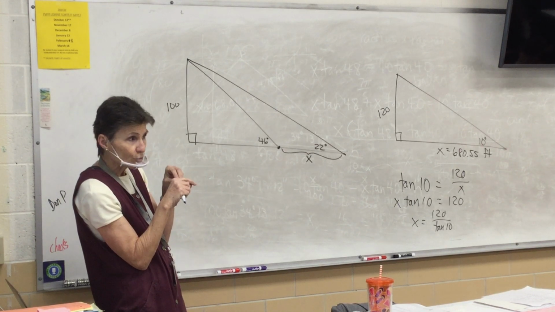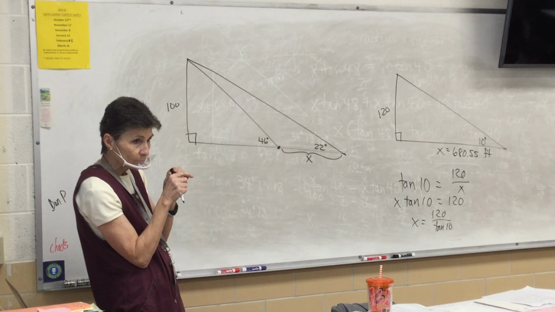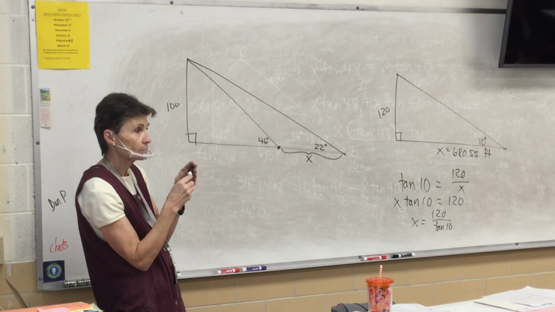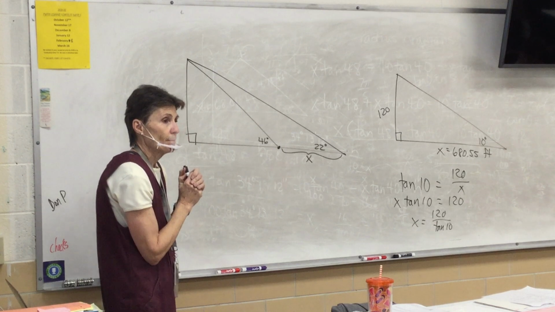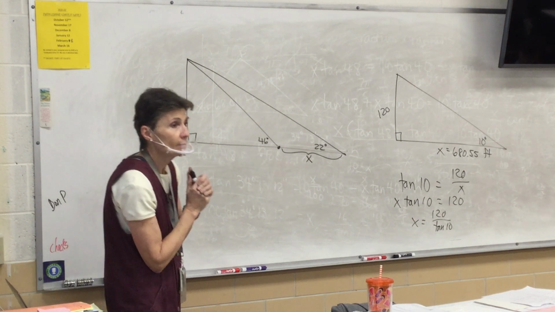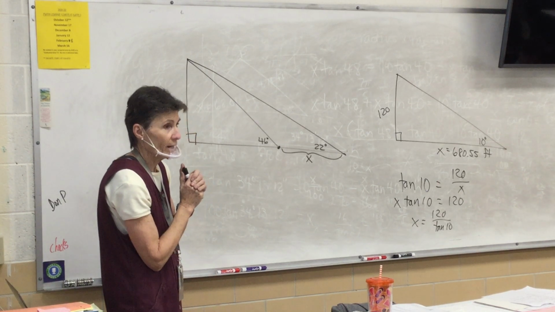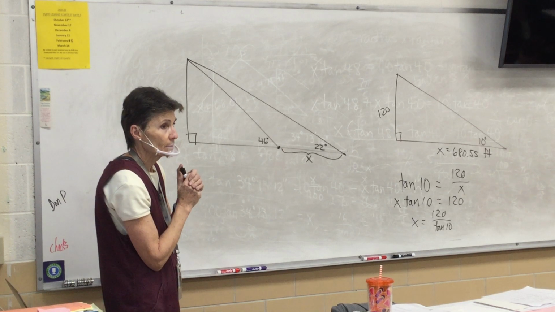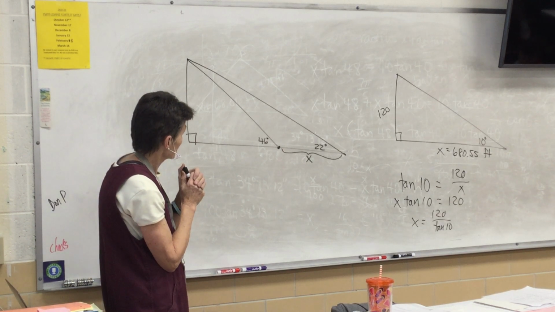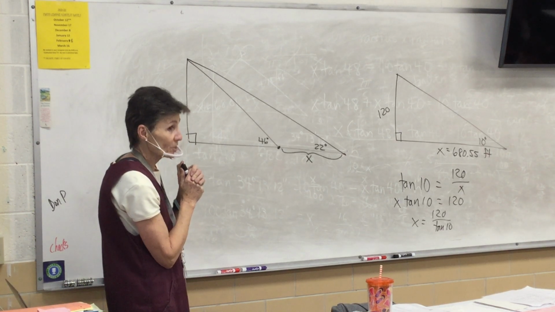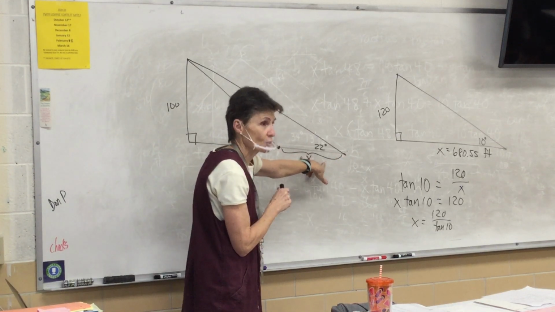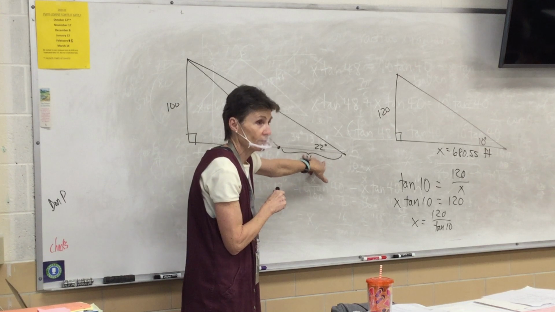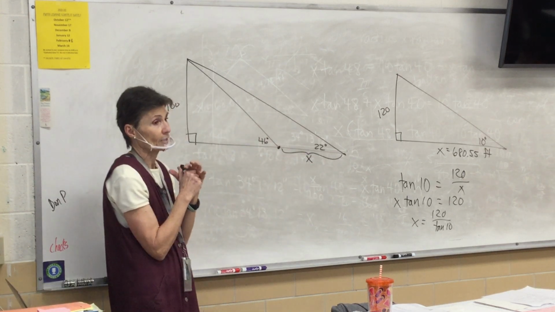Does everyone understand that? The question says how far does the car travel? So he starts here and ends here. So that's X. That's what I'm looking for, that distance.